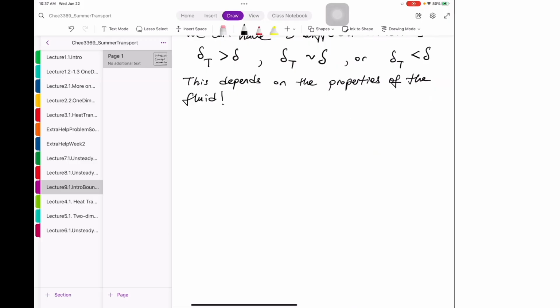Okay, and we will actually derive later in the course, or at least grow some intuition about this, that delta over delta T, the ratio of the two boundary layer thicknesses, is proportional, or of the same order of magnitude, with nu over alpha.